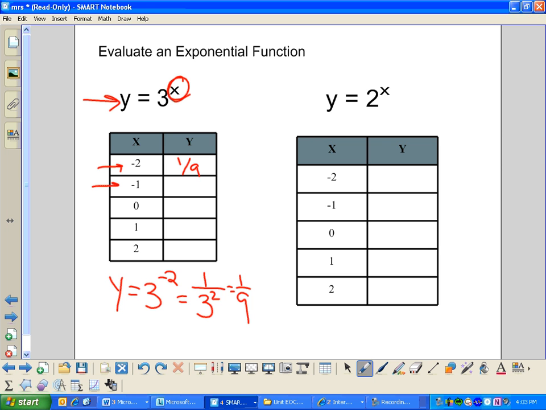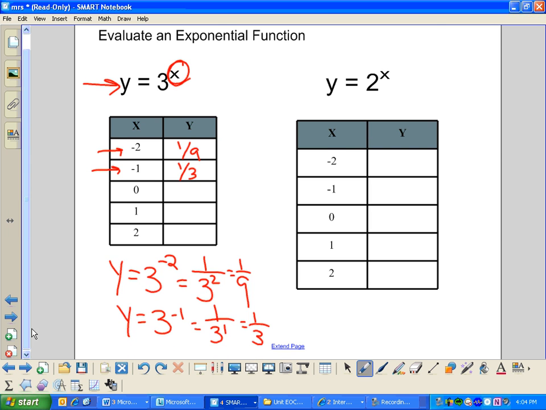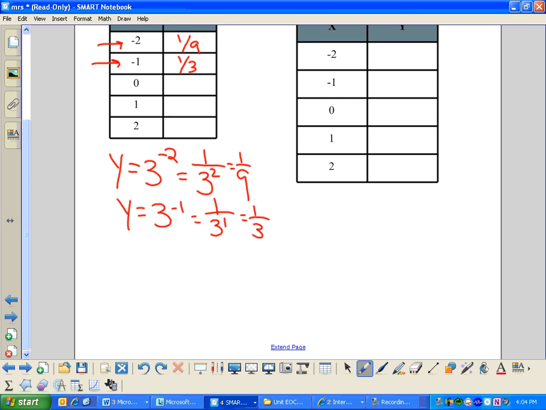Okay. See what happens when x is -1. y equals 3 to the -1 power equals, remember that's ticket to ride, 1 over 3 to the first power. That's just 1/3. Let's do y equals 3 to the 0 power.